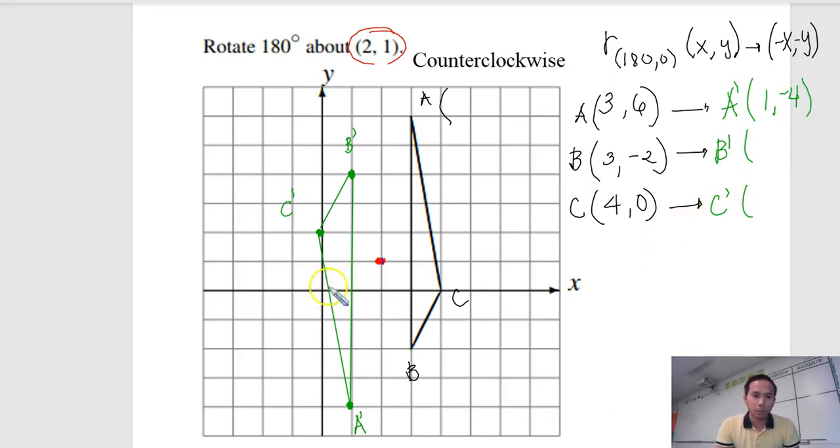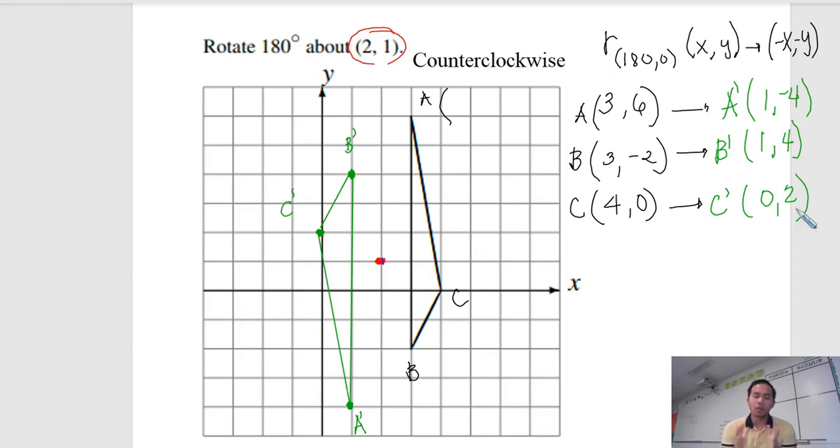And then B prime would be (1, 4). And then your C prime is at (0, 2). So this is the image rotated 180 degrees around the point (2, 1).